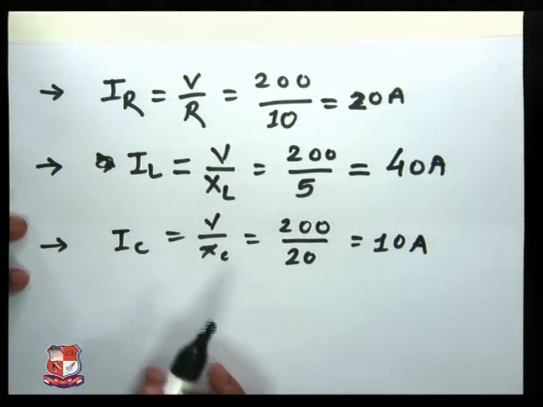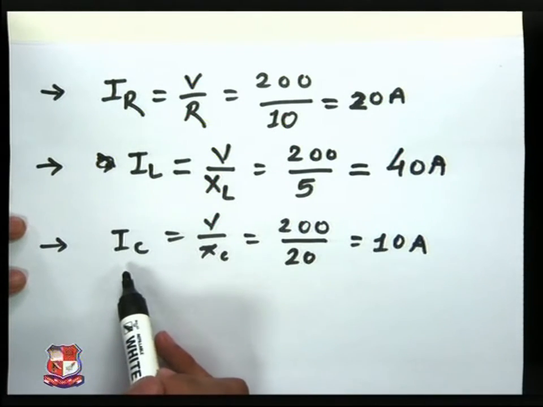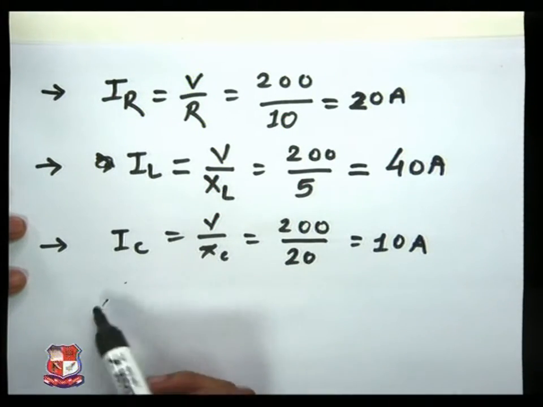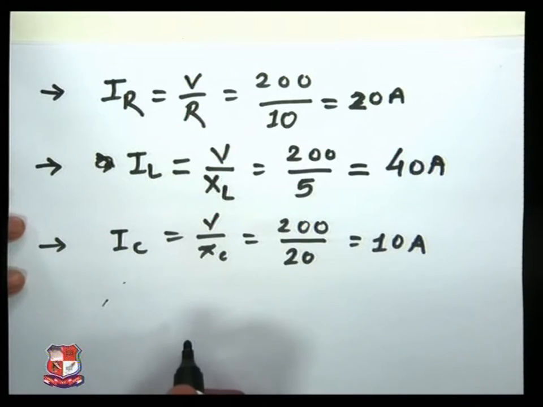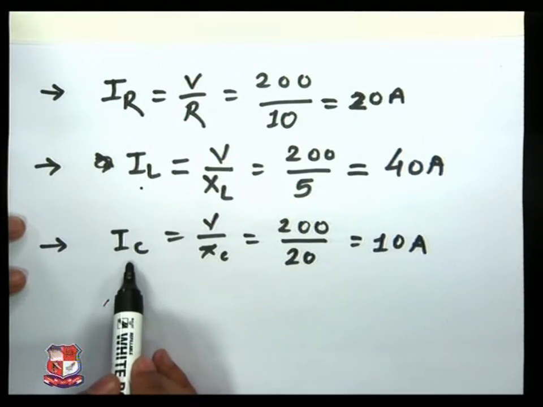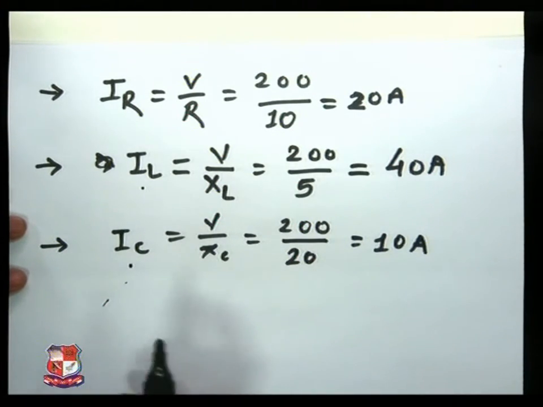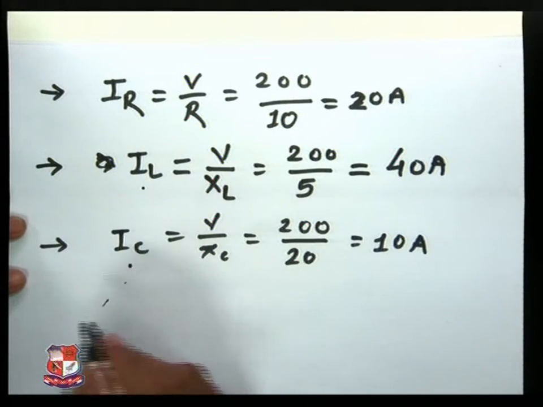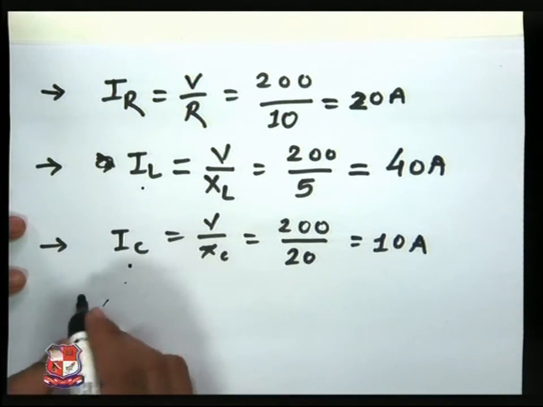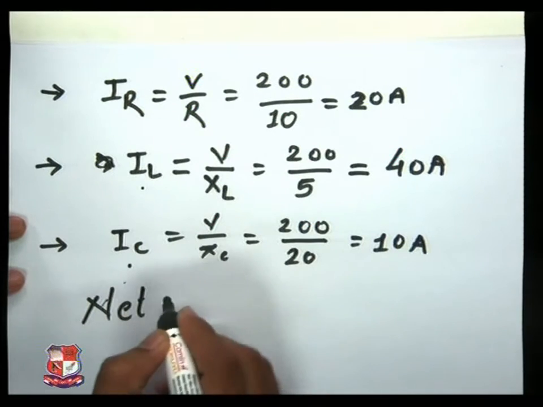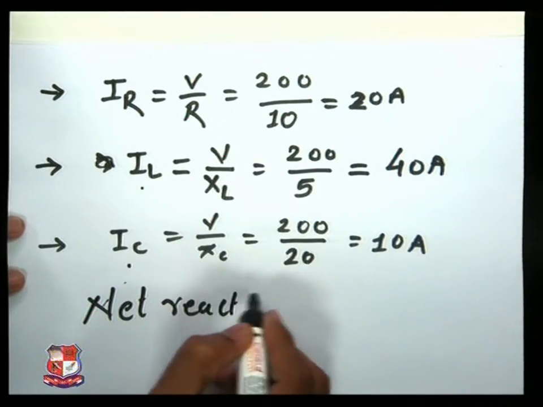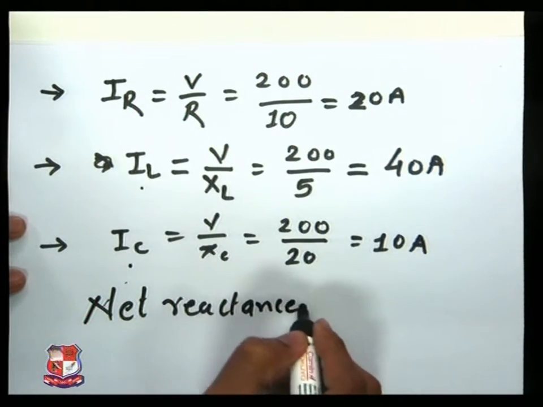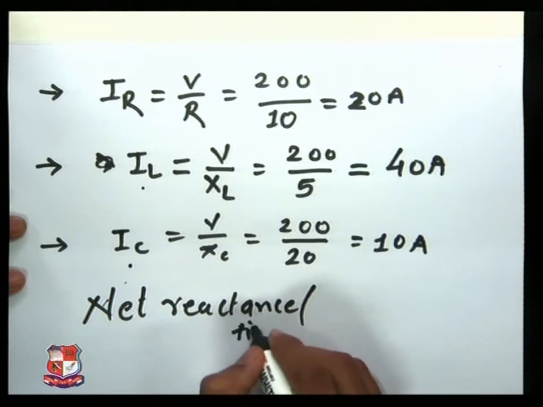Now we have the three currents IR, IL and IC. Addition of these three currents gives the total current, but the inductive current and capacitive current are out of phase, so we have to take the difference between them, and therefore we take the net reactive current.